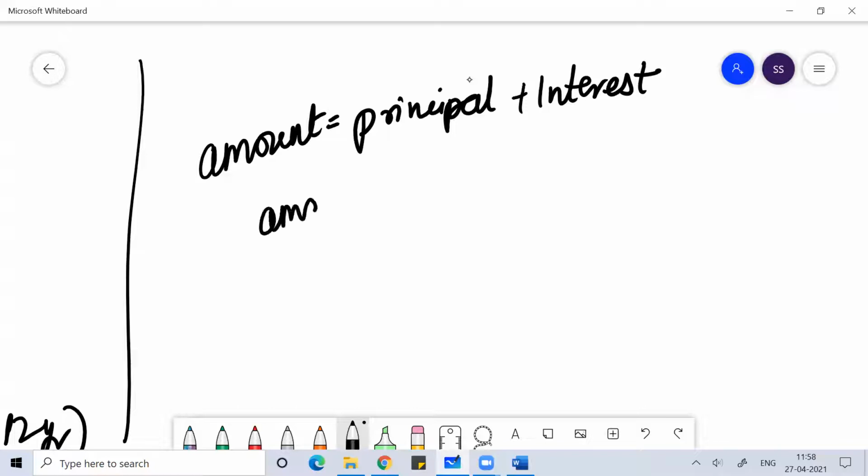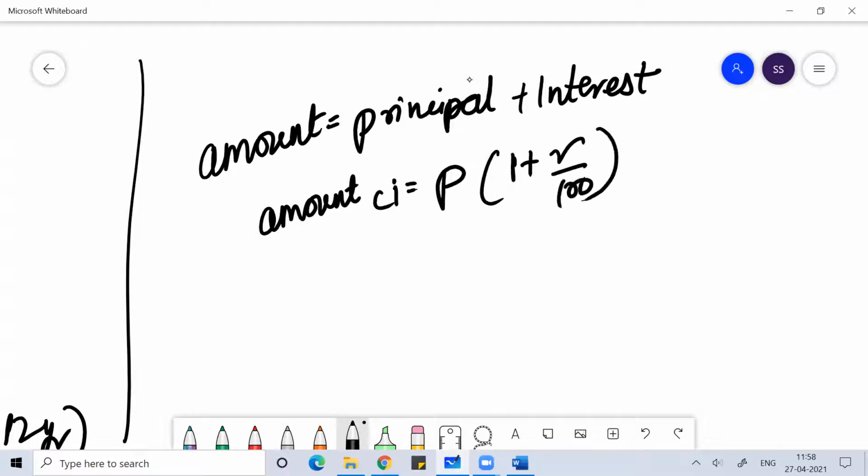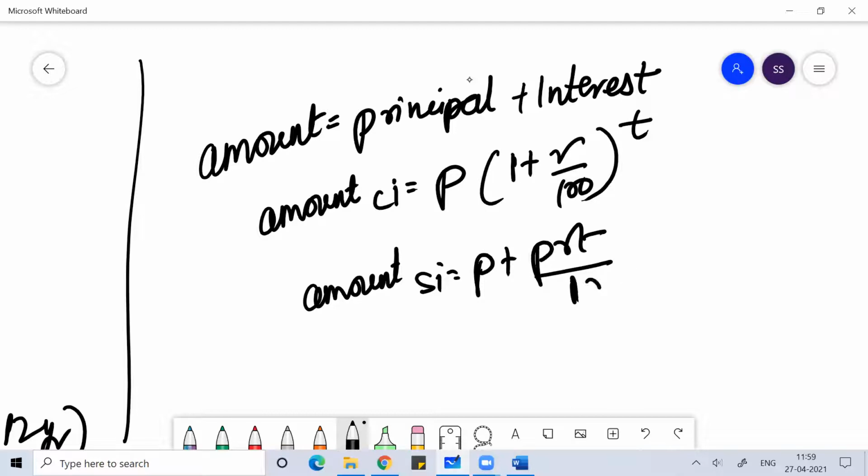Your amount in the case of compound interest is P into 1 plus R by 100 to the power T. Your amount in the case of simple interest is P plus P into R into T by 100.